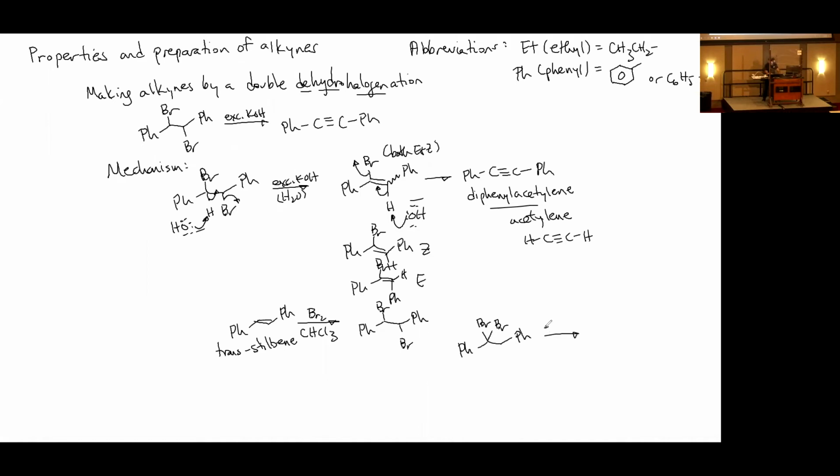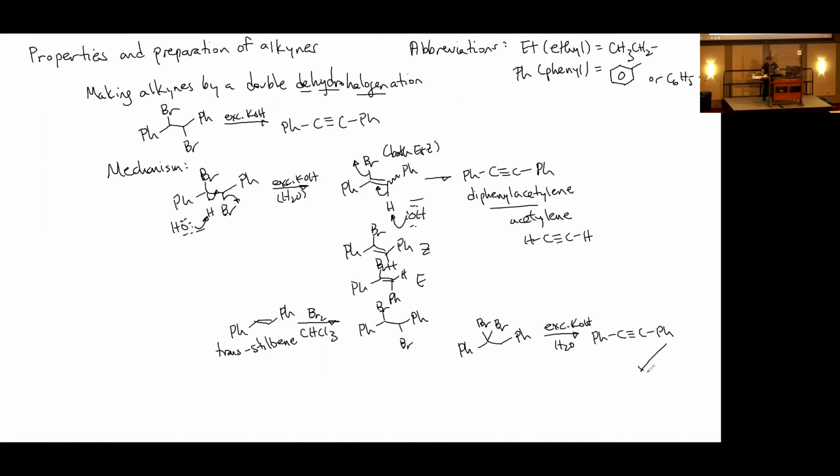If you treated this also with an excess of KOH, or sodium hydroxide, or sodium amide, you would also get the same compound. That would be something worth working out on your own.